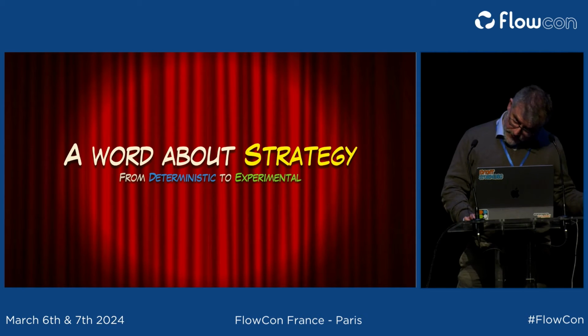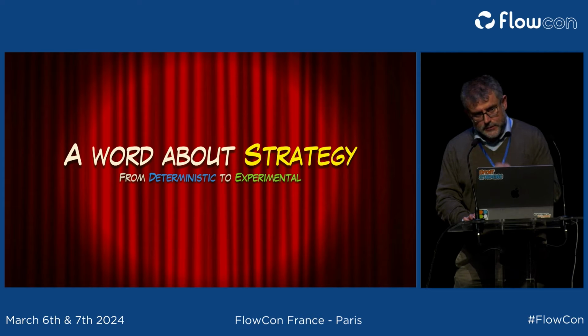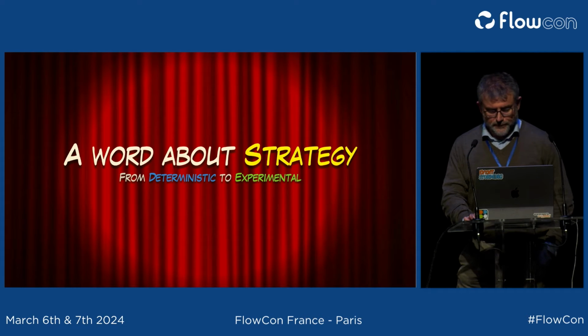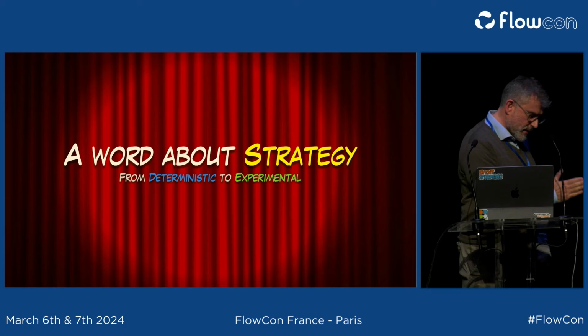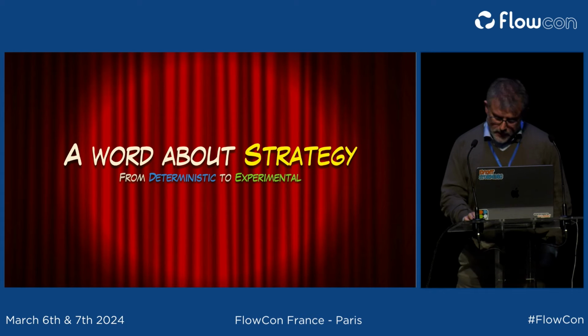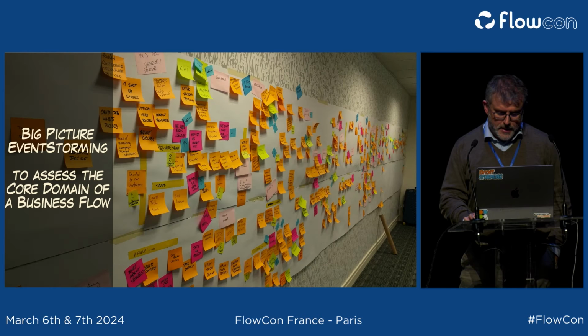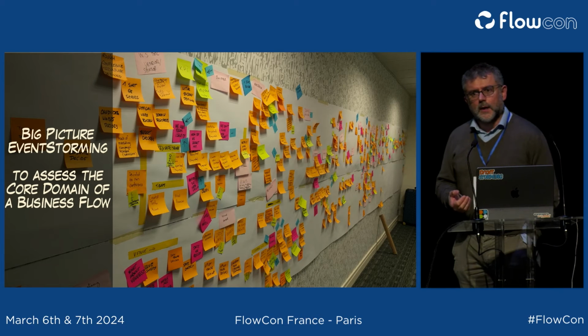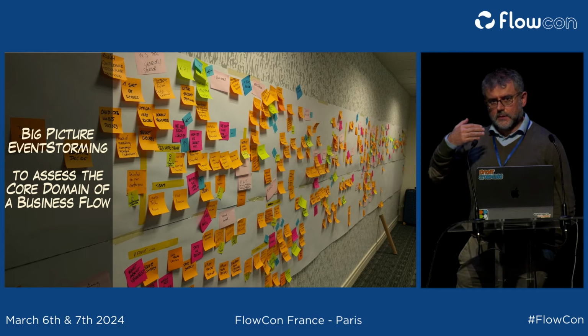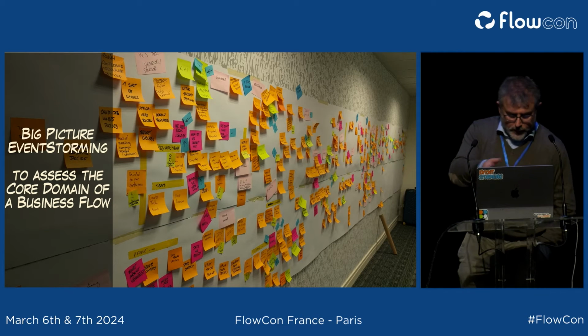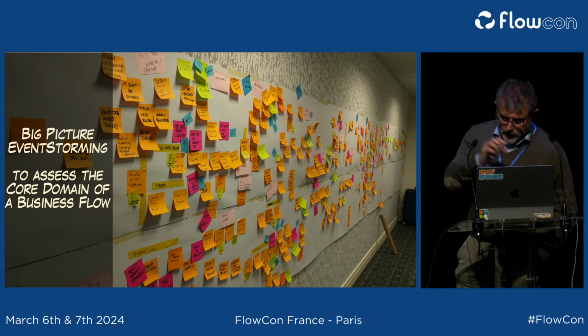Let's look at another part of the learning path. Let's talk a little bit about strategy. Because one of the things that was a bigger change from the DDD perspective to the product mindset is the fact that if we are exploring a business end-to-end, this is what we usually do in big picture event storming.